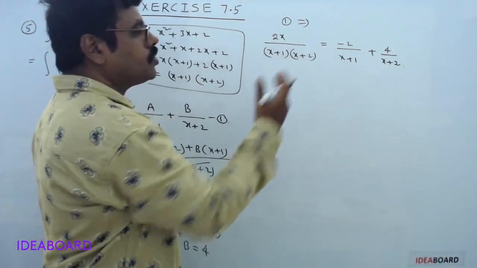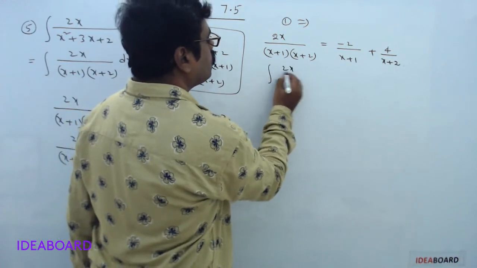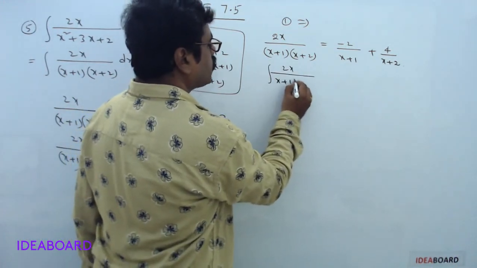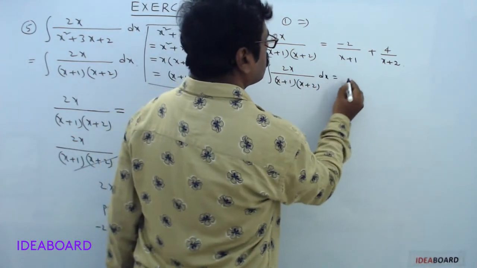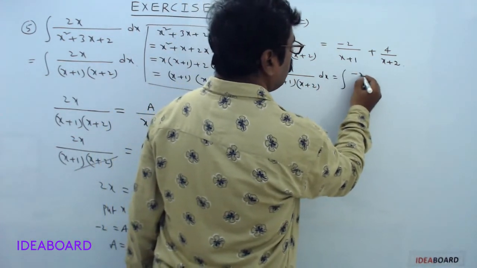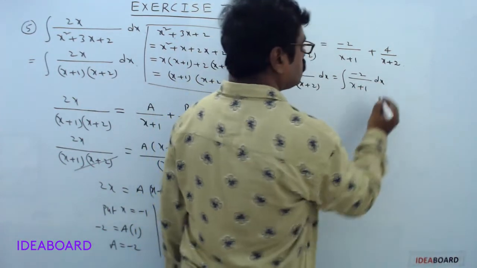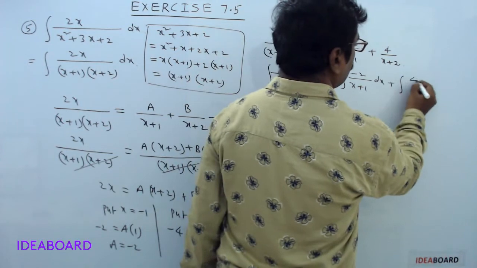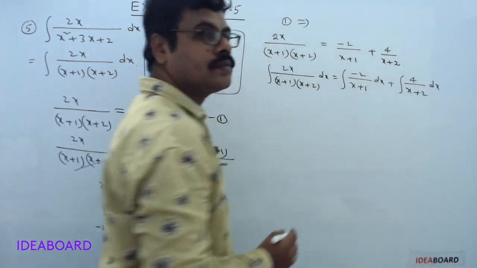Now integrating on both sides with respect to x, integral 2x divided by (x plus 1)(x plus 2) dx equals integral minus 2 divided by x plus 1 dx plus integral 4 divided by x plus 2 dx.